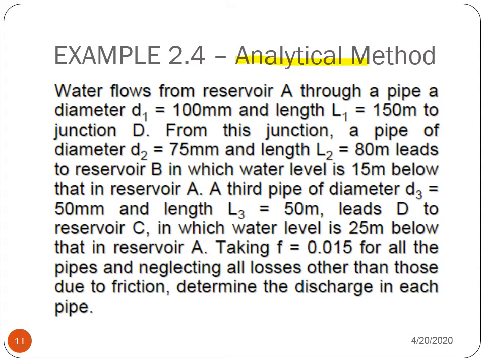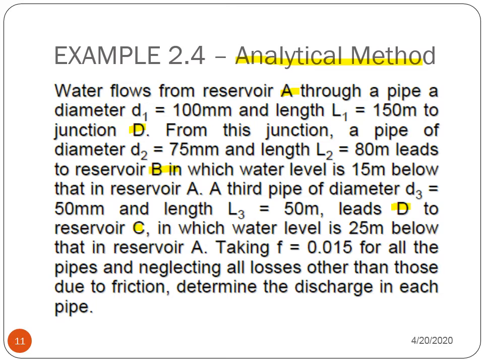We have water that flows from reservoir A through a pipe with a diameter D1 of 100 mm and length L1 of 150 meters to junction D, from A to junction D, and then from this junction the water flows and leads to reservoir B. D is the junction at the center, A to D, and then from D to B. And then the third pipe, the water leads from D to reservoir C.